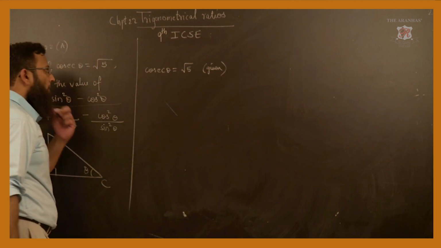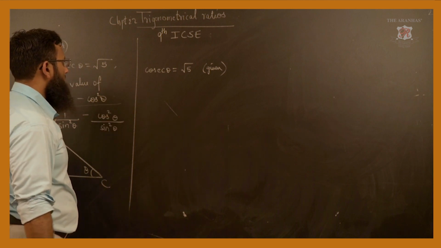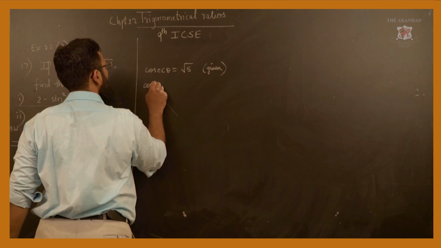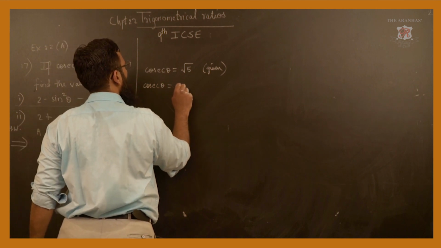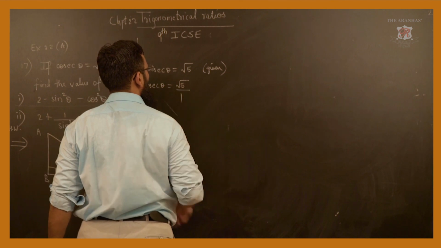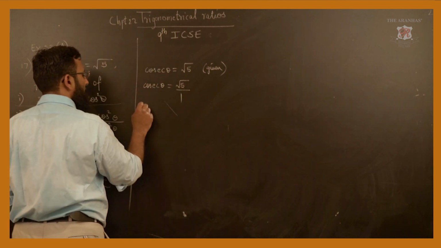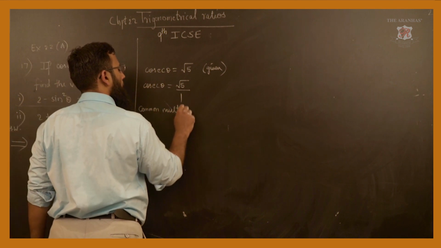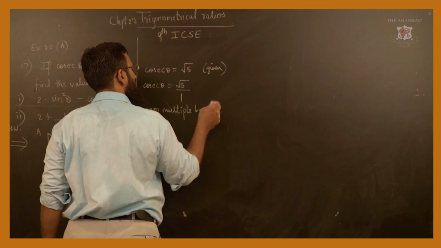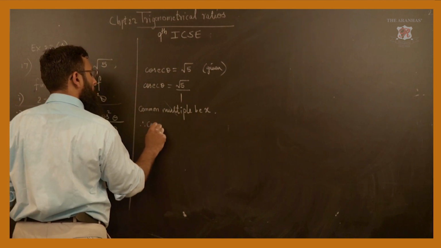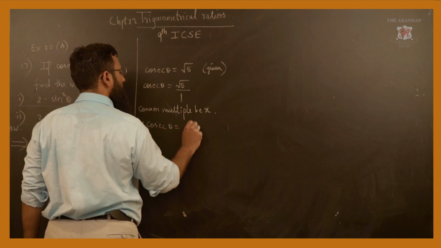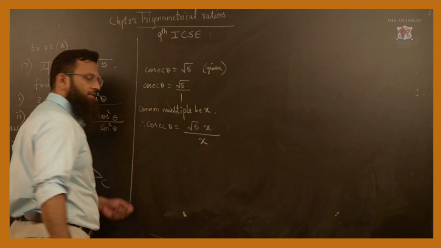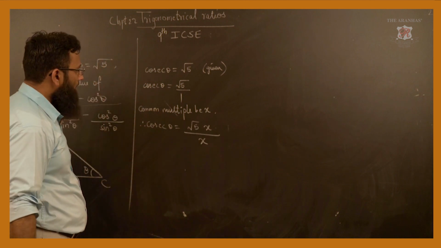Now, I can also write it as cosec theta is root 5 by 1, and if I take common multiple x, in that case cosec theta will be root 5 into x by x. So, I hope that this part is clear.